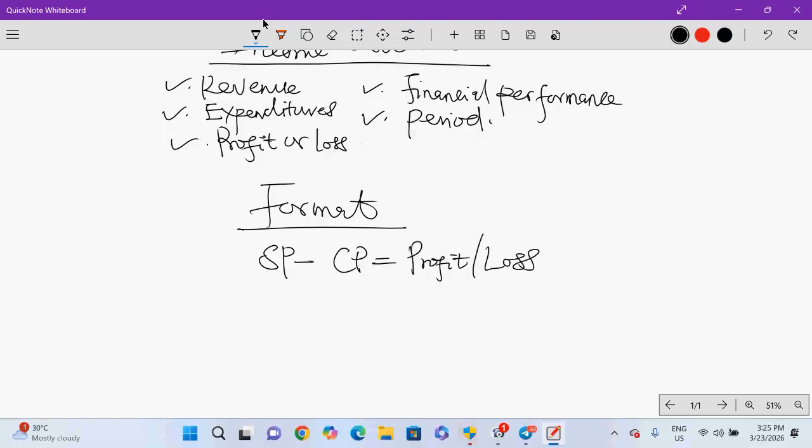So this is what the whole income statement is about. If you deduct all your costs from your sales, you are going to get your profit or your loss.